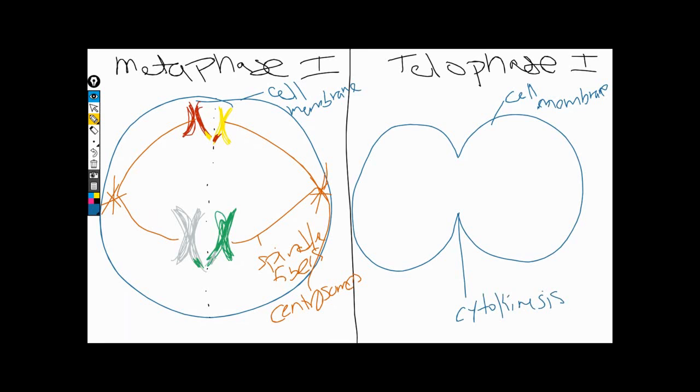Okay, so started to pinch those two cells apart. Do I need a nuclear envelope in telophase? Yes, right? So my nuclear envelope, now come back, right? I should have 2. One for each cell or daughter cell that I'm creating.